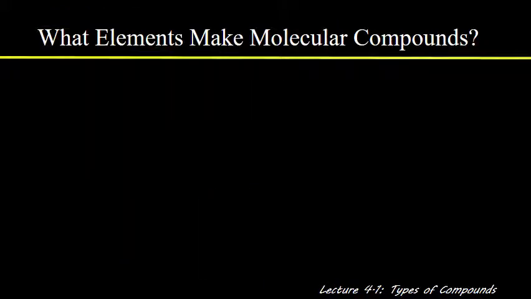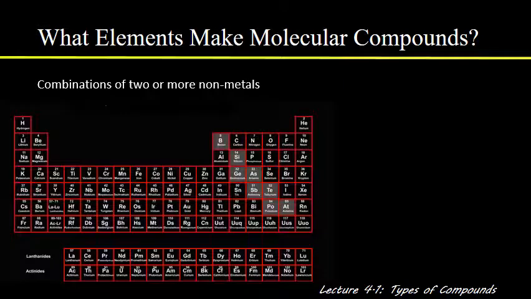If we're just looking at formulas like H2O and trying to determine whether something is an ionic or a molecular compound, again, we can look at the periodic table. Molecular compounds are formed from combinations of two or more nonmetals. We remember from the periodic table that nonmetals are these over here.